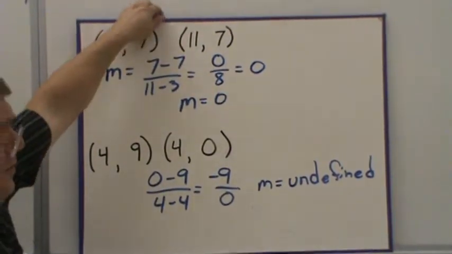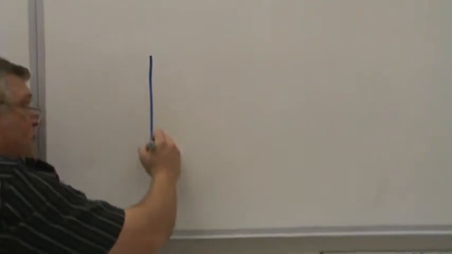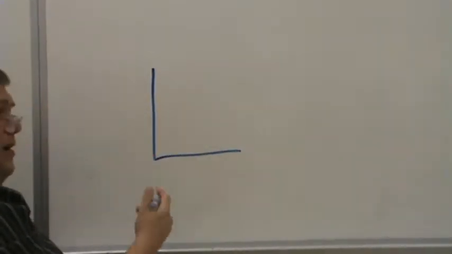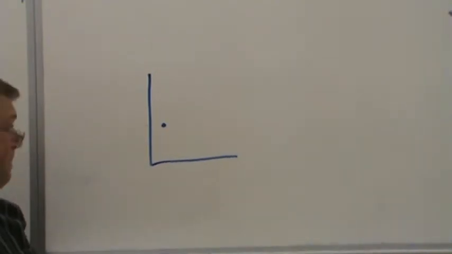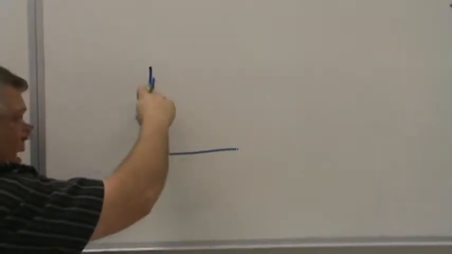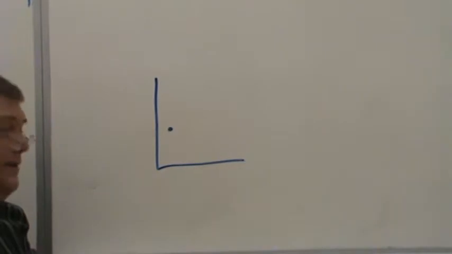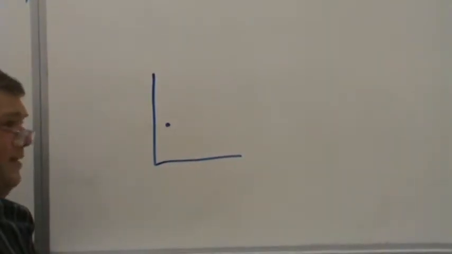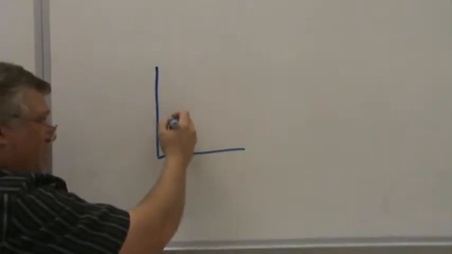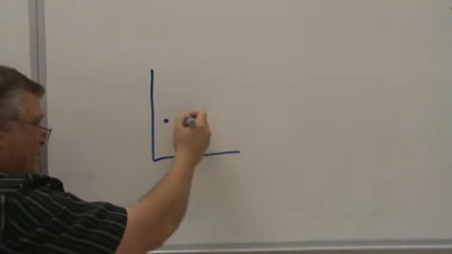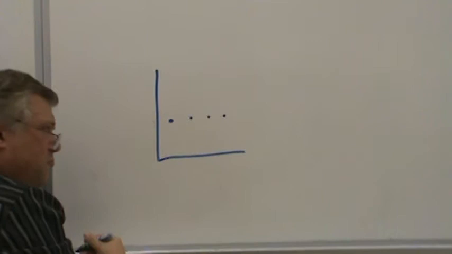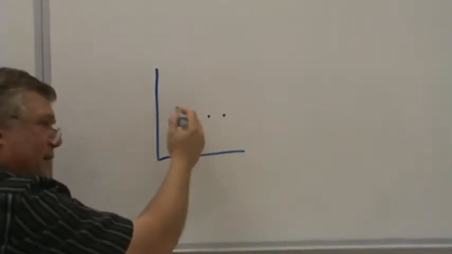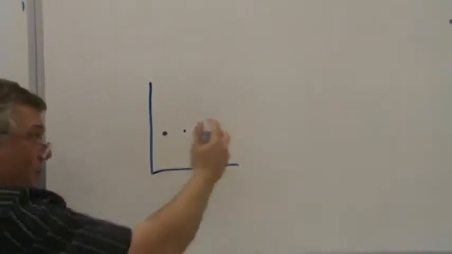What do these look like? Let's take a moment to think about that. If my slope is 0, that means if I start off at this point here, my change in y over my change in x is going to be 0. So when I change from this y to this y, my change in y is going to be 0. And I want the top to be 0.